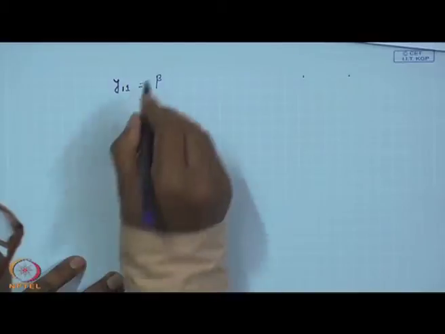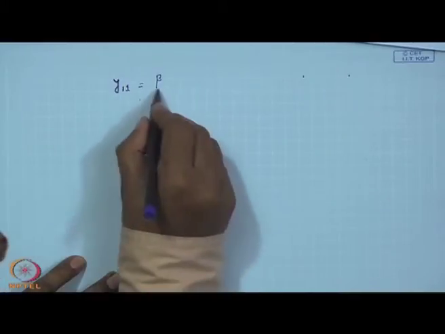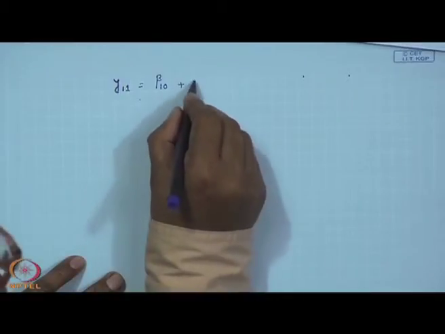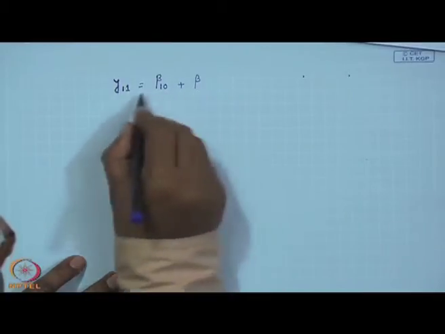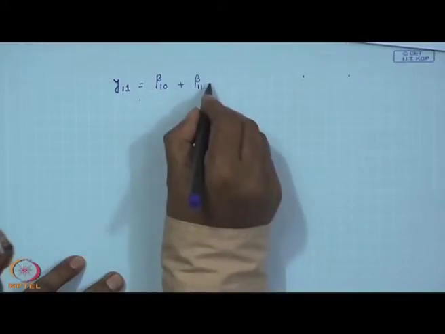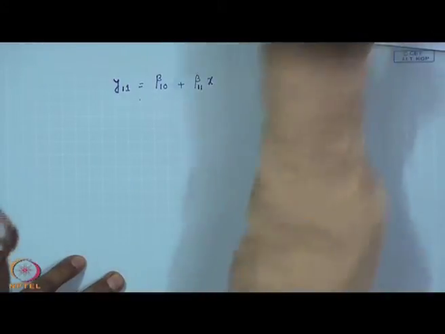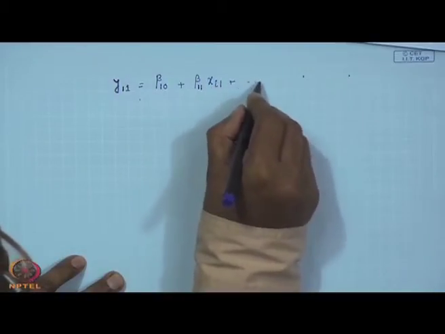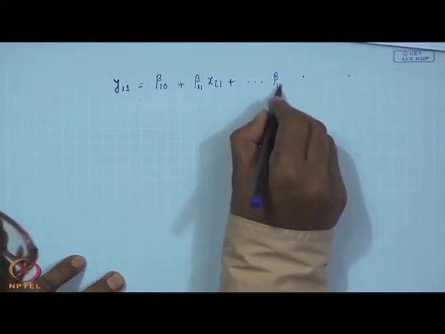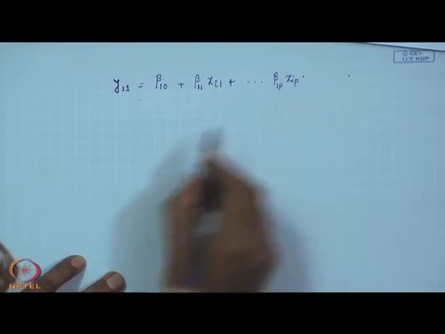Okay. So, this can be written like this: y i1 equals beta 1 0 plus beta 1 1 x i1, and in this manner you will be getting beta 1 p x i p.